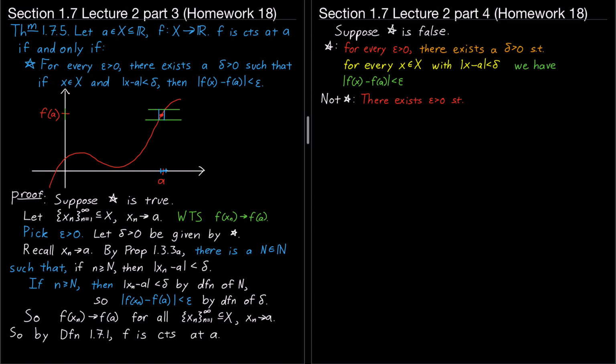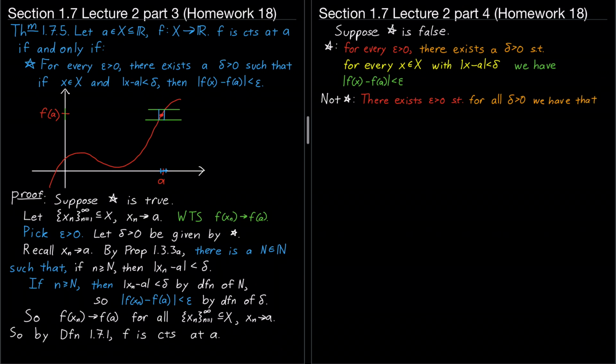So to negate that, we need the stuff in yellow and green to be false for all delta greater than 0.